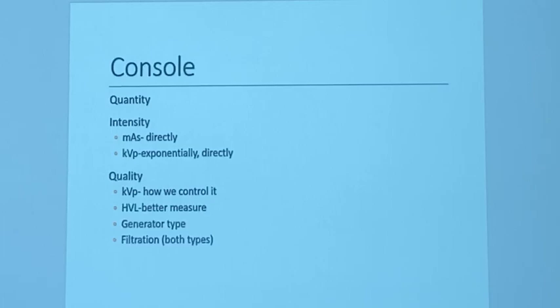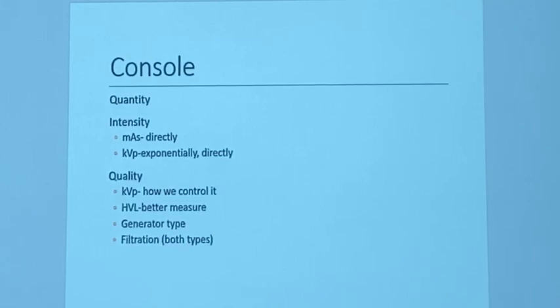Then we had filtration. We had two different types of filtration. What were they? Inherent and added filtration. What was inherent filtration? You can't take it away, right? So inherent filtration is what's inside of the tube, inside of the imaging system, really. So everything from the collimator housing up, we're going to call inherent filtration.